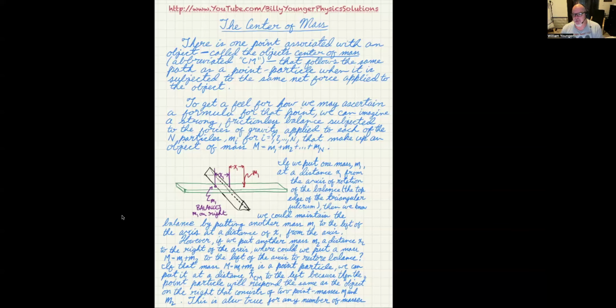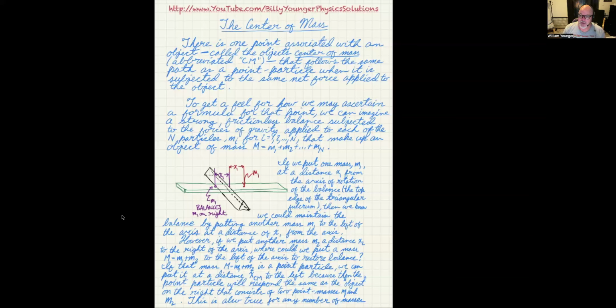If you're trying to open a door and you grab it right next to the hinge, you're probably not going to get it open, whereas if you go to the other side of the door, as far away from the hinge as possible, it's pretty easy to open. So it turns out that the ability to rotate is also directly proportional to the distance away from the fulcrum, or the axis of rotation.